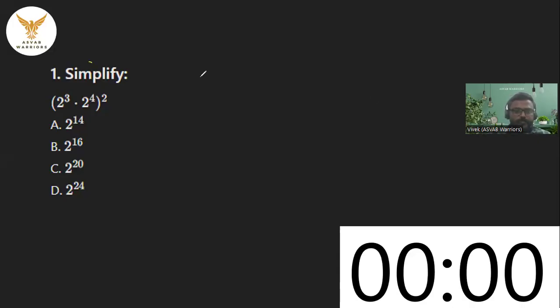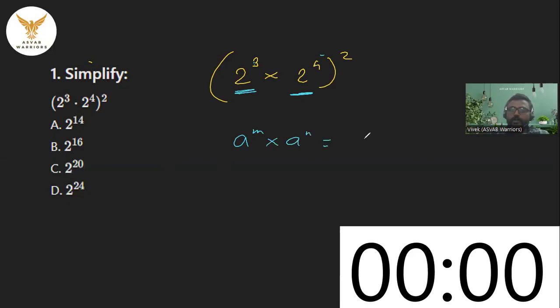I will solve it. So here we are going to apply 2 to 3 laws combined into this. 2 to the power 3 times 2 to the power 4, to the whole power 2. First we solve whatever is in parentheses. Same base, different power. What do we do? a to the power m times a to the power n is a to the power m plus n. So I'm going to do 2 to the power 3 plus 4, whole power 2 remains as it is.